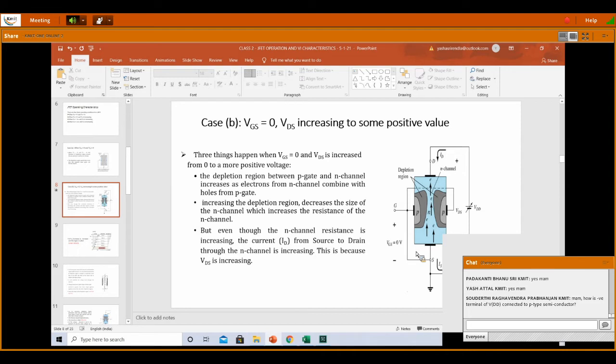Only VDS, that is the drain to source supply, we are giving. We are not giving any connection to the P-type material. From the P-type material, we are taking a gate terminal outside and our gate to source supply is 0. At present, we are considering only the second case where the gate to source supply is 0. No connection is given to the P-type material and we are giving connection only to the N-type bar, that is VDS.